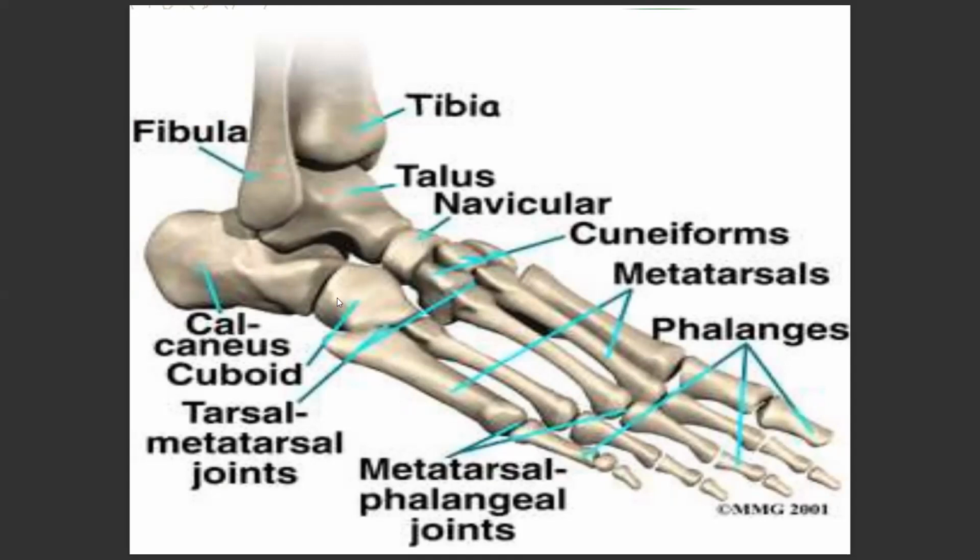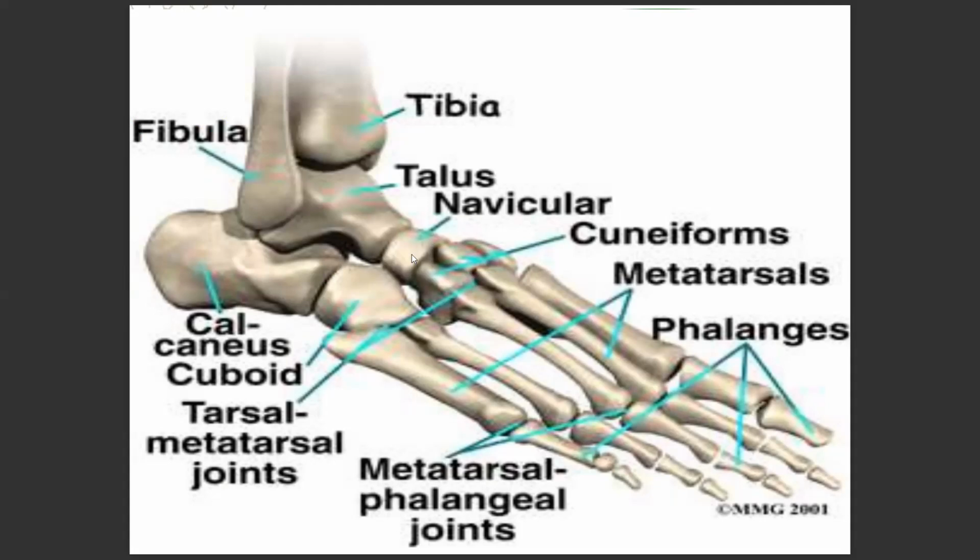You can remember these 2 as C calcaneus and C cuboid, so that CC, those are the 2 bones. The cuboid is present on the lateral side, while the navicular is present on the medial side. So the navicular is connected with the talus, while the cuboid is connected with the calcaneus.